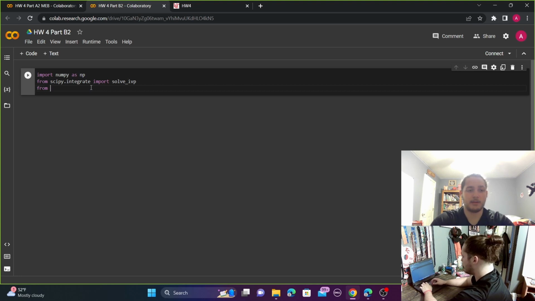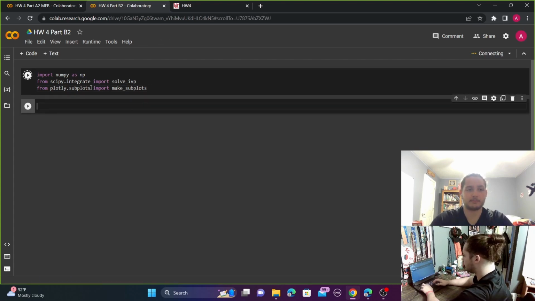And we're going to go from plotly.subplots import make_subplots so that we can plot our results onto a graph. Shift enter. Good.